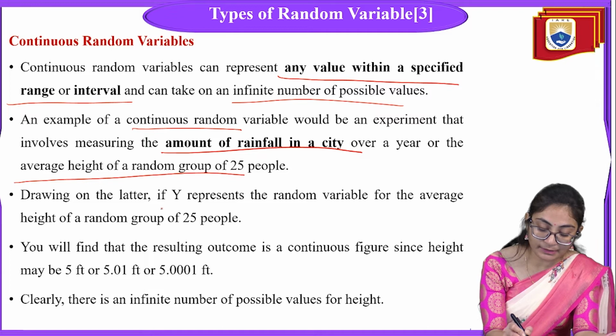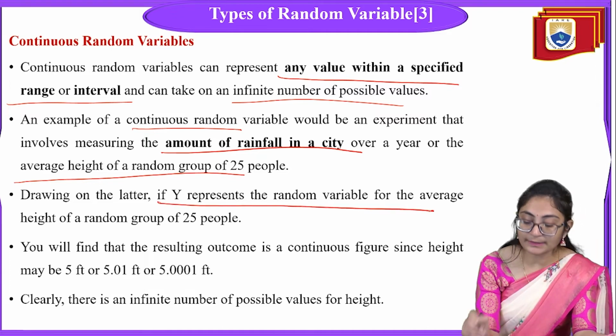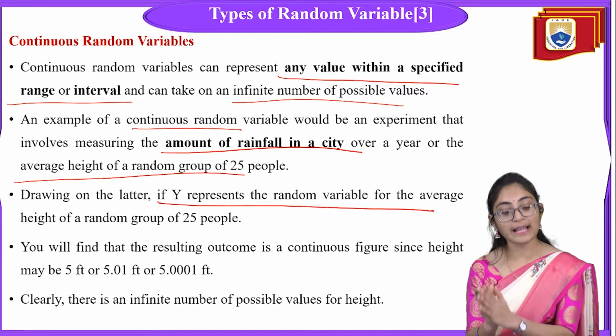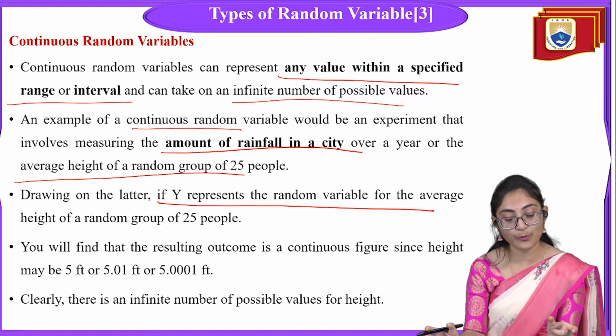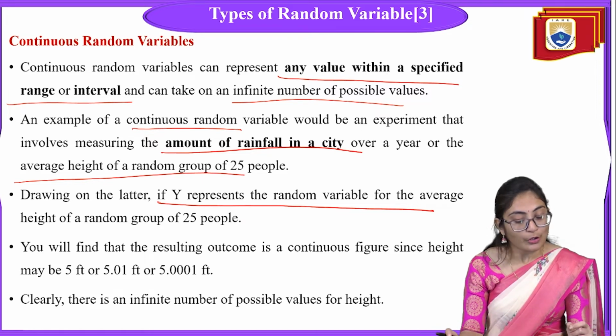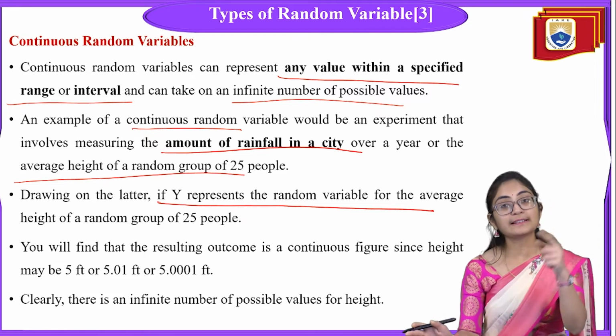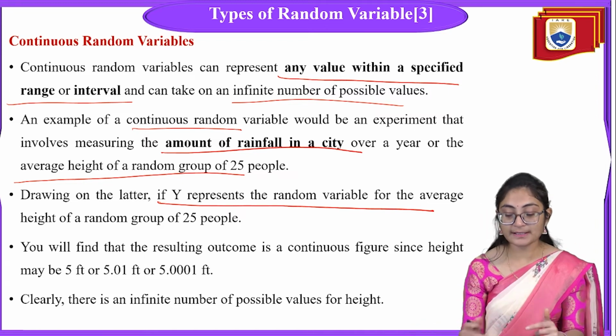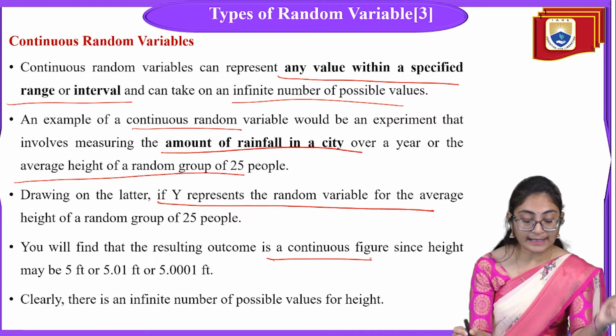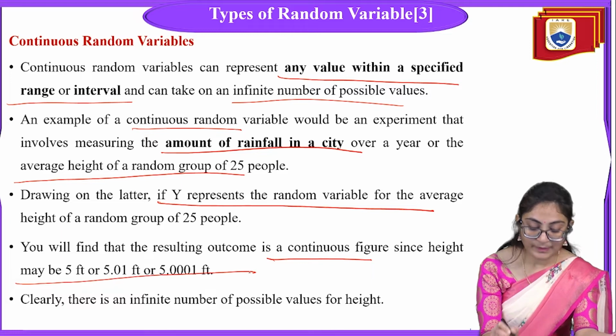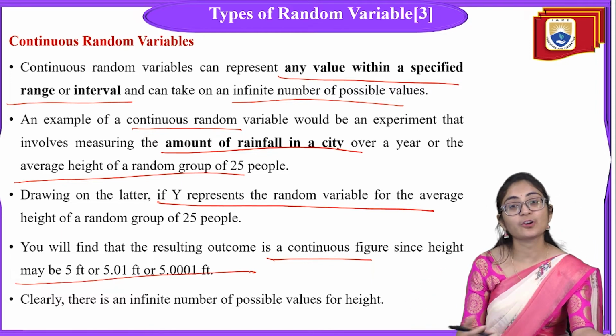If y represents the random variable for the average height of a random group of 25 people, you will find the resulting outcome is a continuous figure, and height may change, maybe 5 feet or 5.01.